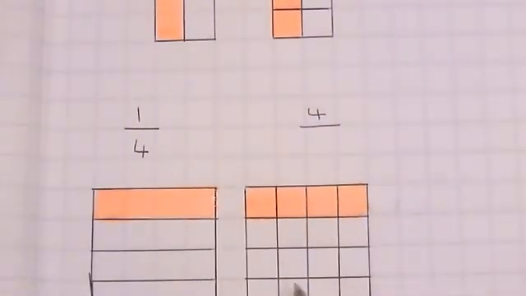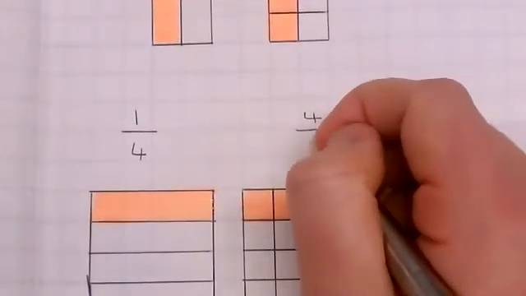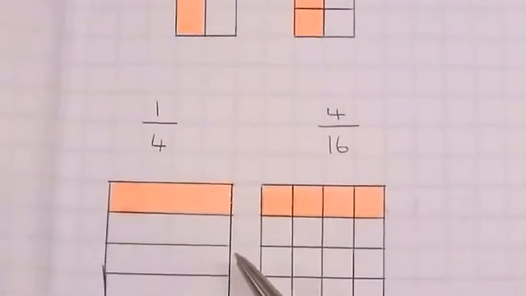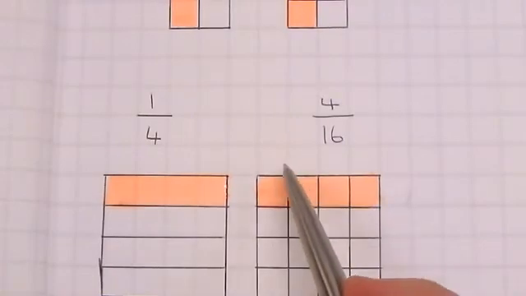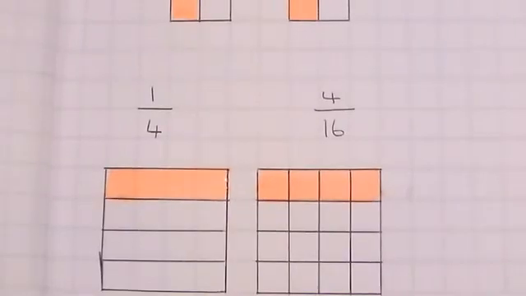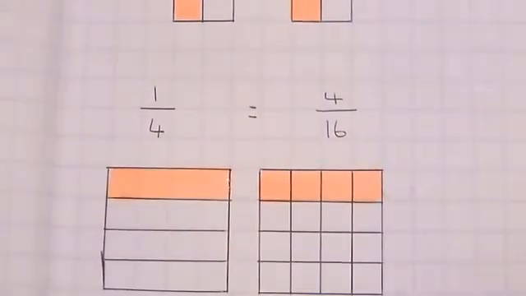I can count each individual box, or I can work out by times in the 2. So 4 times 4 is 16. So here I've had 1 quarter, which is 1 larger piece out of the 4 I've cut, and over here I've had 4 smaller pieces out of the 16, but I've still had the same amount of pizza. Those 2 are equivalent, they're equivalent fractions.